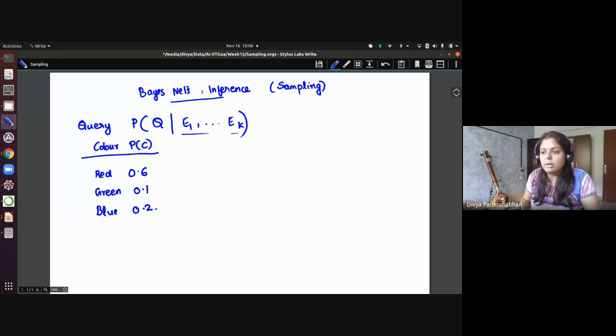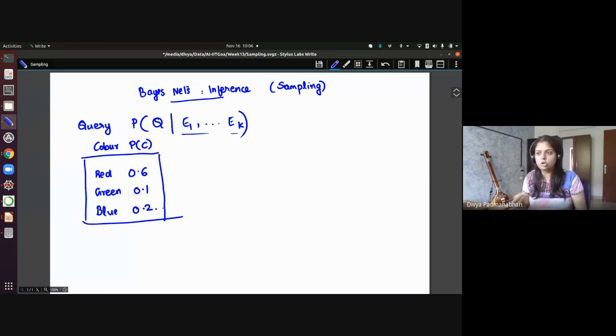Okay, and now I want to generate samples. So this is probably something you already saw in your probability class, but let's just recap. So I want to get samples from this distribution, right? So what it means is, if I want 100 samples, one thing is, on 100 days, I wear some clothes, some dress, and then I note down what color I wore.